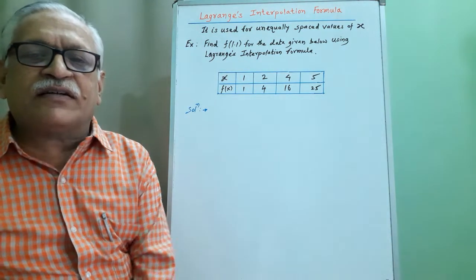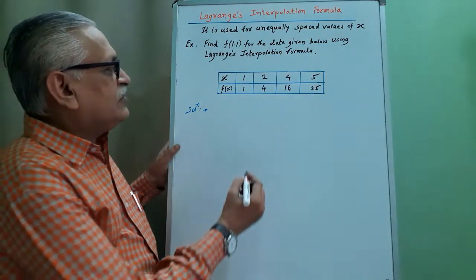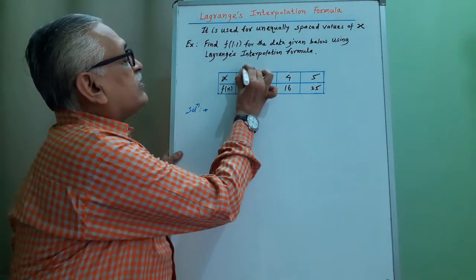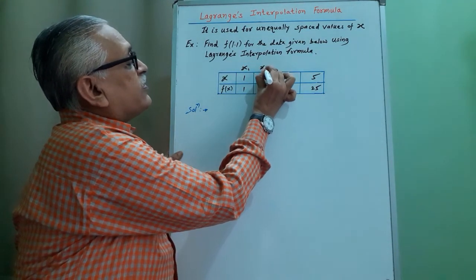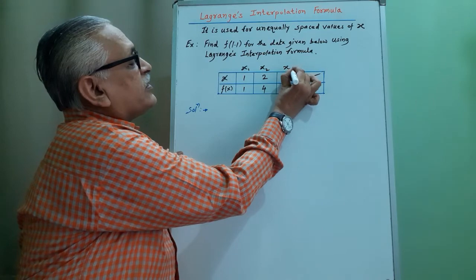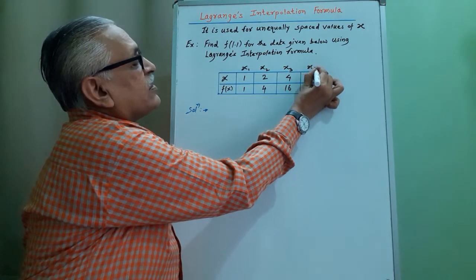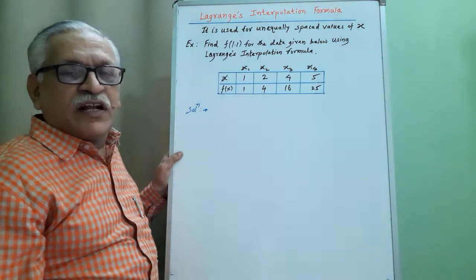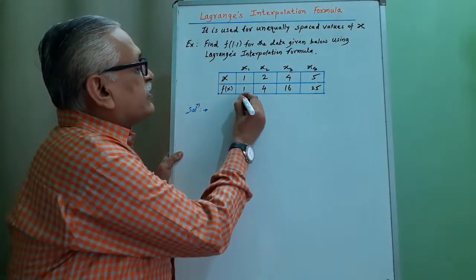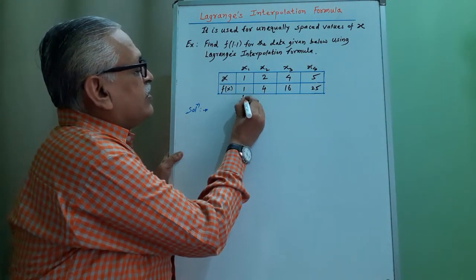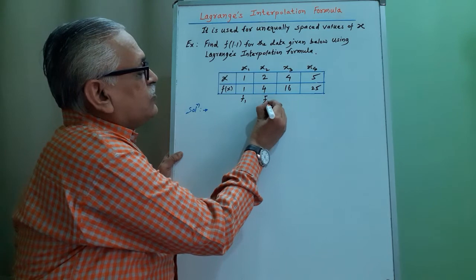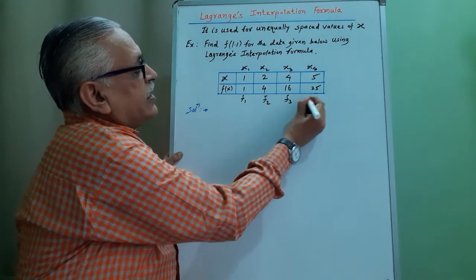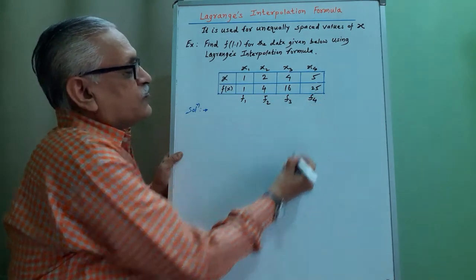To develop the formula, we call the first one x1, second x2, third x3 and fourth x4. There are four values and the corresponding values of f are f1, f2, f3 and f4.